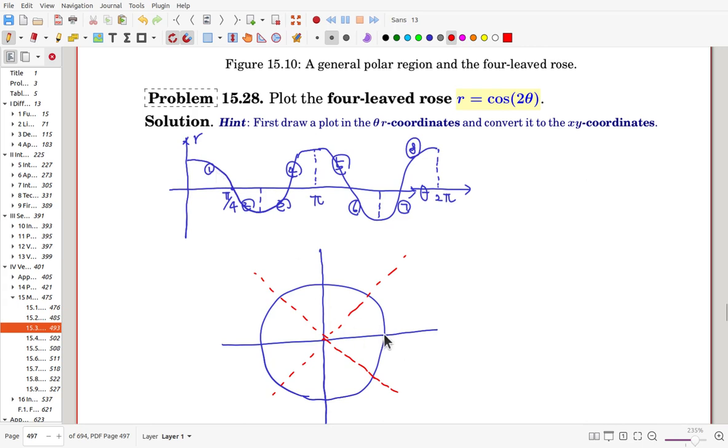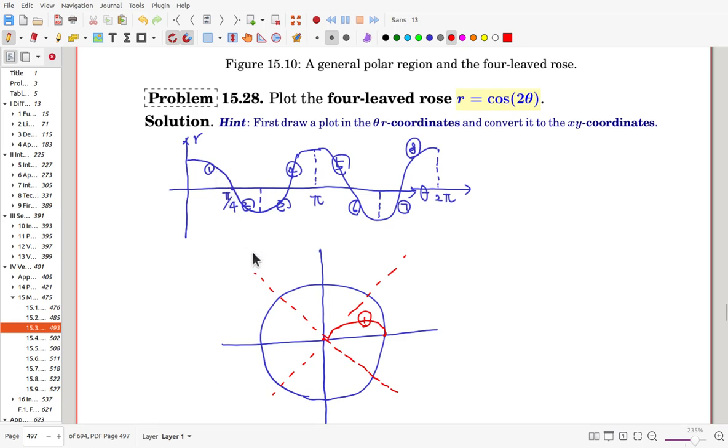The angle is increasing, but r goes from 1 to 0. So we start from here, the angle increases, and r becomes smaller until it becomes 0. That is the corresponding part, the first part.